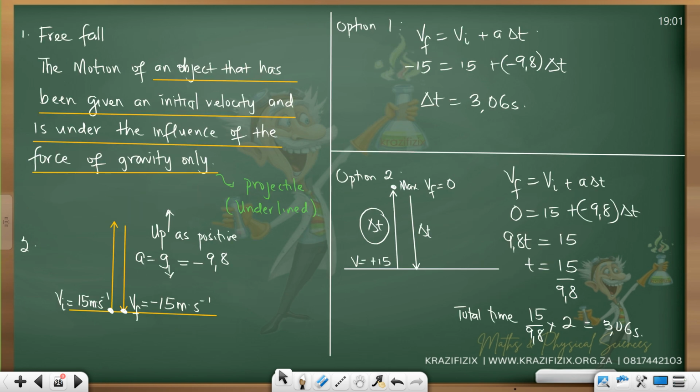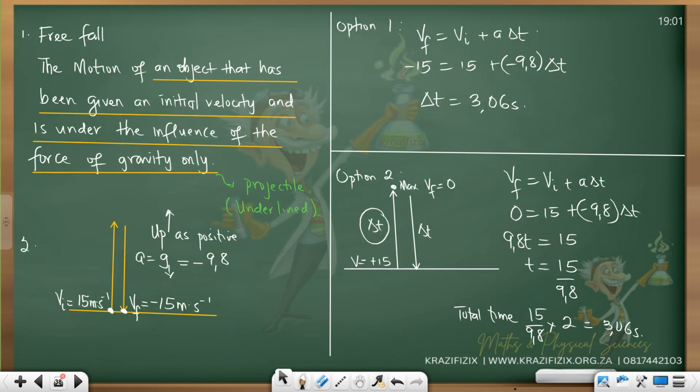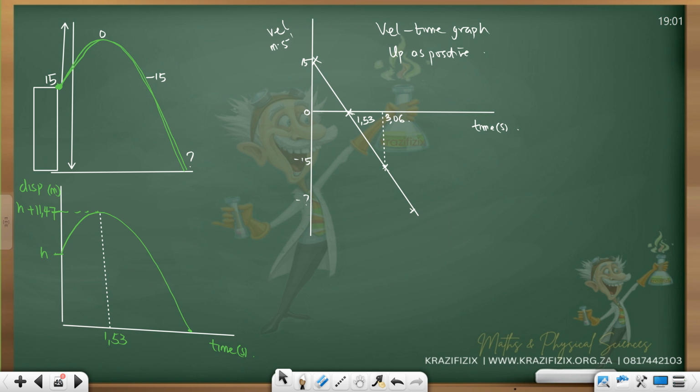They asked us to show 3 points. What are the 3 points? Initial velocity, did we show it? Yes. The time it takes to reach its maximum height, 1,53, did we show it? Yes. The time it takes to return to its starting point, 3,06, did we show it? Beautiful. So your graph should look like this. And that's it.